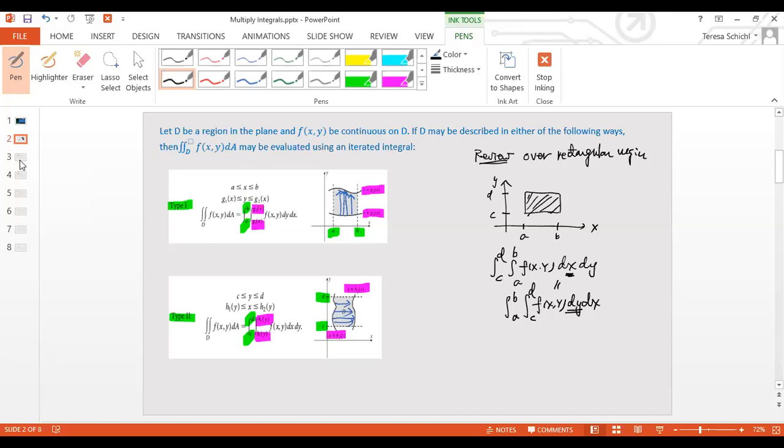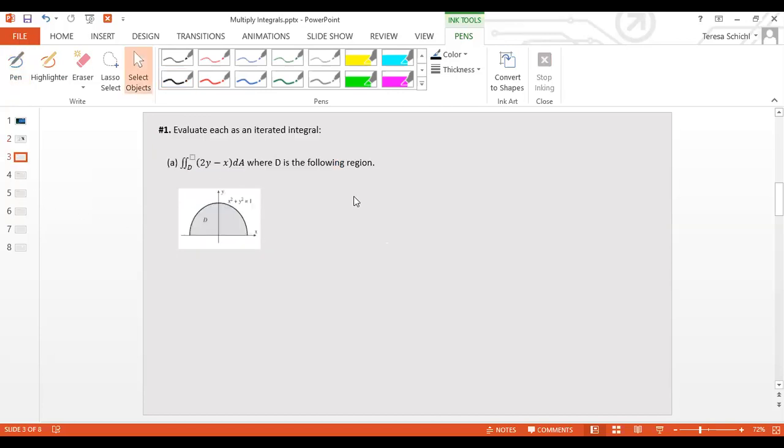Now let's take a look at our first problem. I want to evaluate the integral of 2y minus x dA over the region D, where D is this half circle.